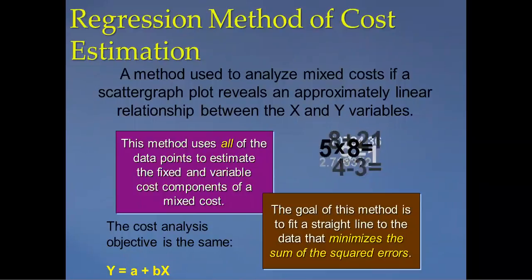Okay, and again, whether we use the high-low method or the regression method, this is what we're trying to achieve. We're trying to come up with this cost formula so that we can estimate this y, the total cost.